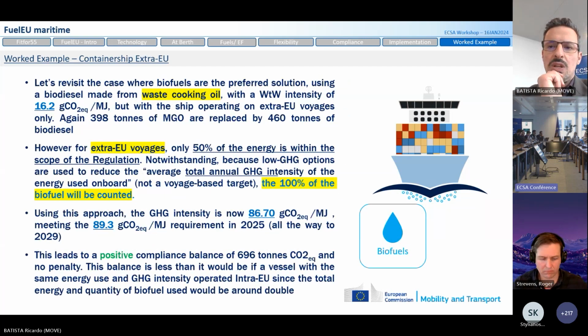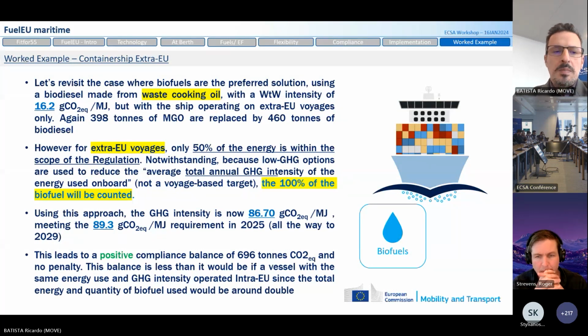Now, extra EU example. So we have the example now of the same container ship, but revisiting the example where the ship operates in extra EU voyages. We use the biodiesel waste cooking oil with the already expressed well-to-wake intensity, but with the ship operating in extra EU voyages.